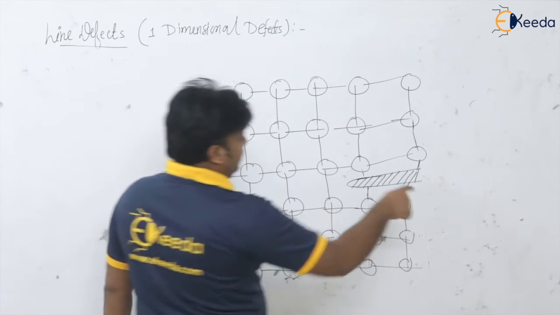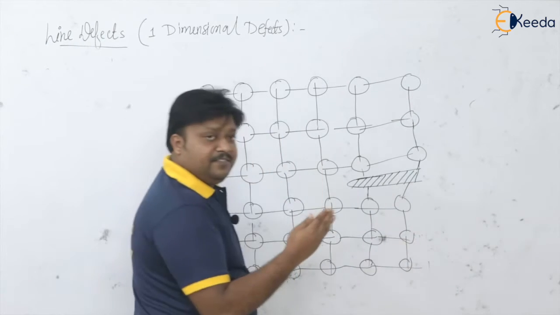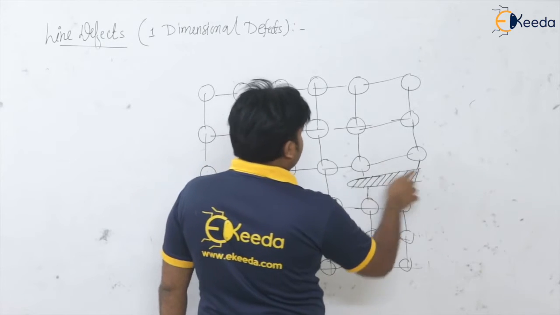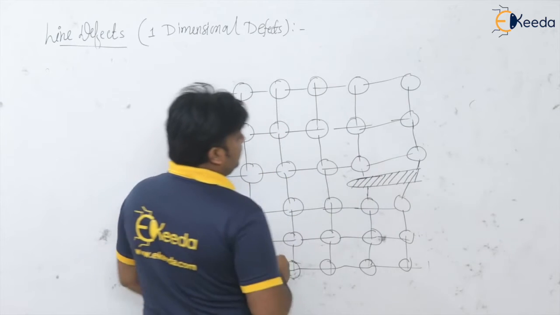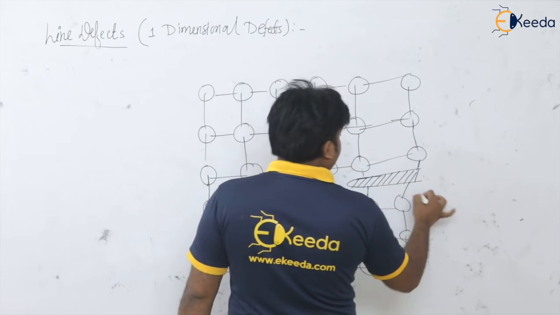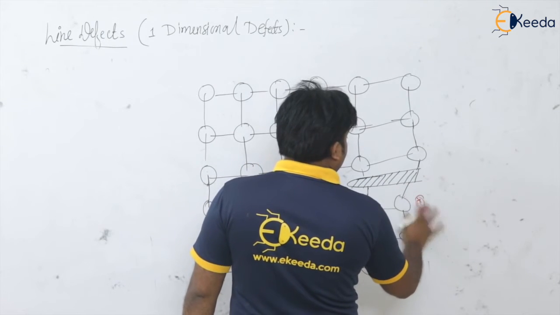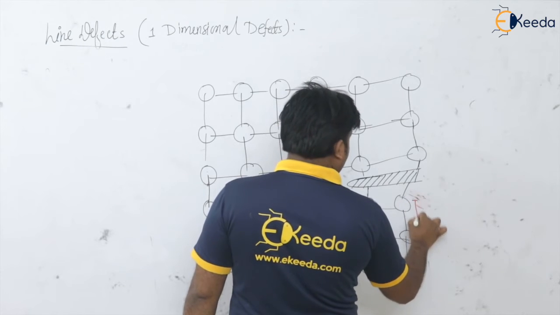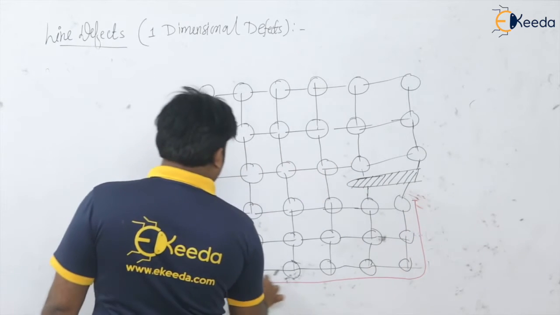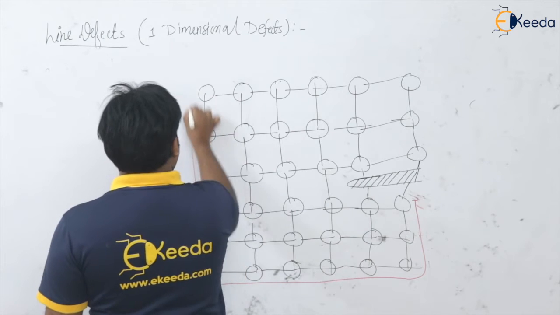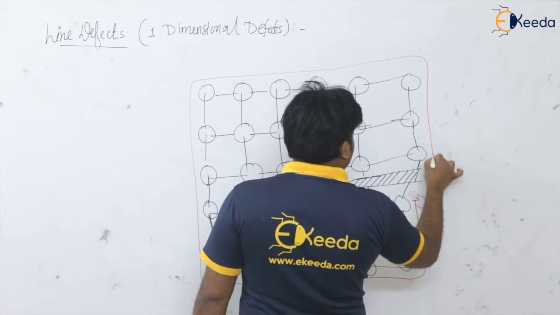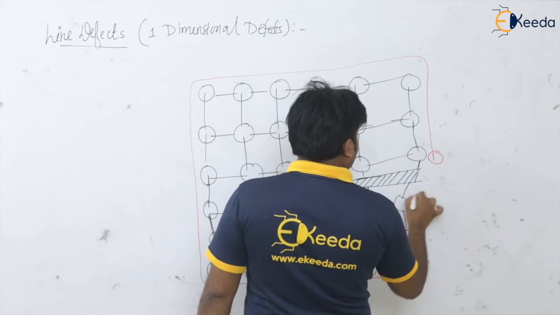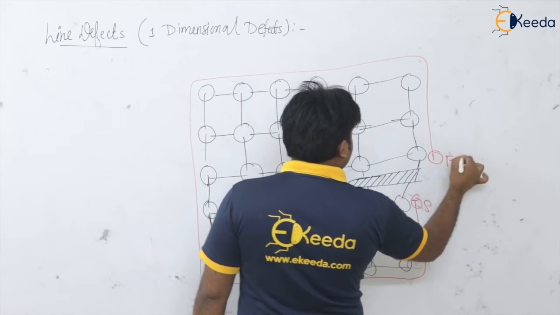Okay, so that knife mark I am showing here on the crystal like this. This is the screw dislocation, and say this is the start. From here I am going to start the loop for the Burgers vector, and this loop will finish here. So this is start and this is finish.